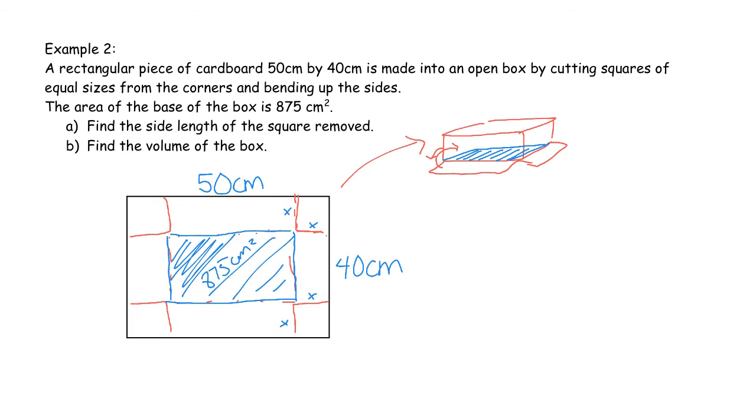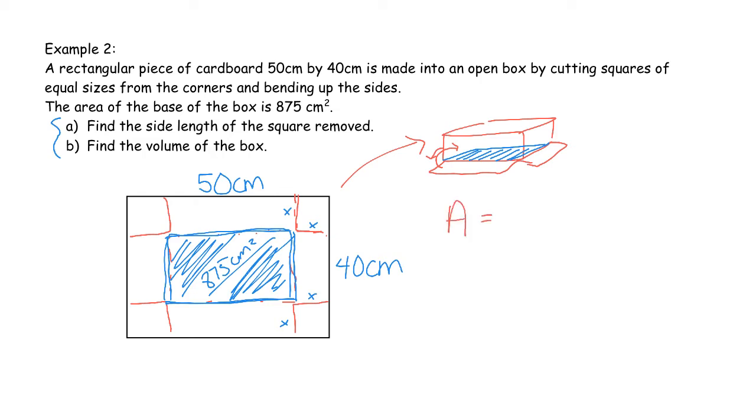So I know I'm going to use this information here to develop my equation. So if I know the area here, I'm going to come up with an equation for the area with only one variable. And then I can go ahead and answer these questions. Find the side length of the square removed and find the volume of the box. Okay, so let's start off by coming up with that equation.